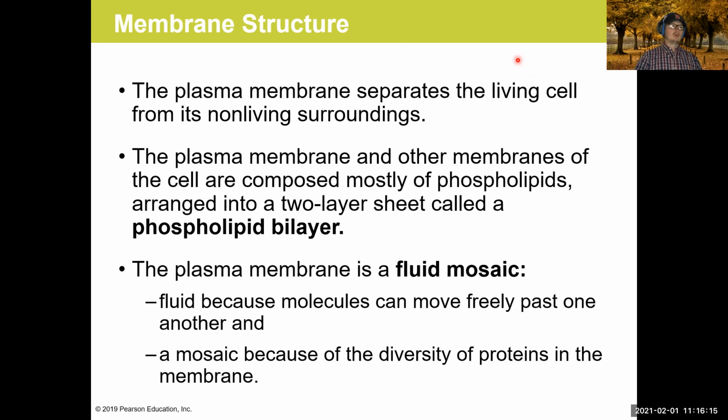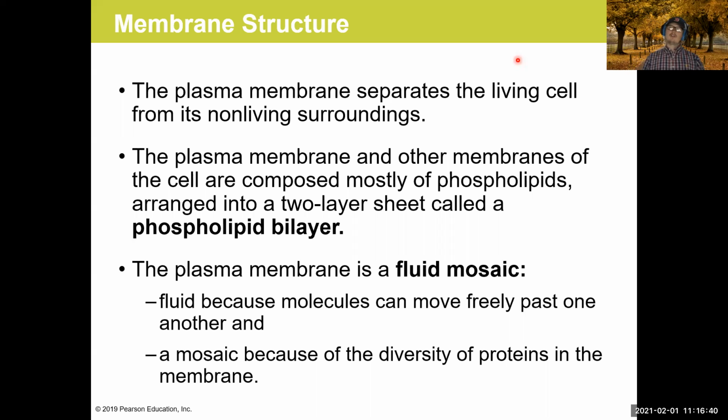And what happens is these phospholipids have a polar and non-polar portion in their structure. So the head is hydrophilic, so it likes water, it's polar. The tails, the fatty acid tails, are hydrophobic. They don't like water. They like non-polar substances or molecules.